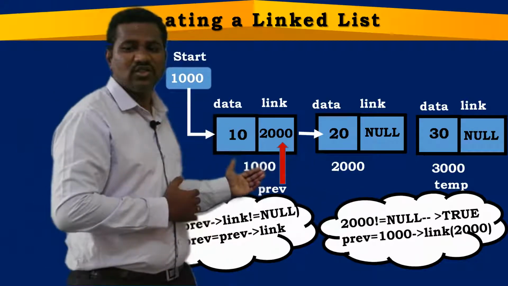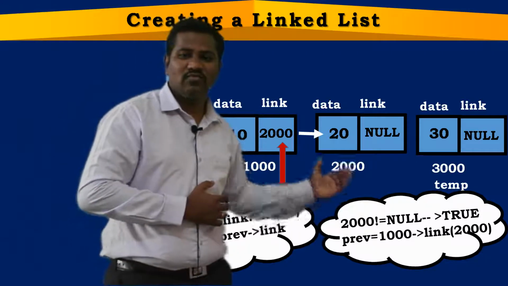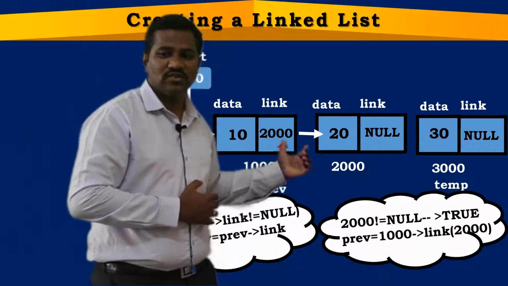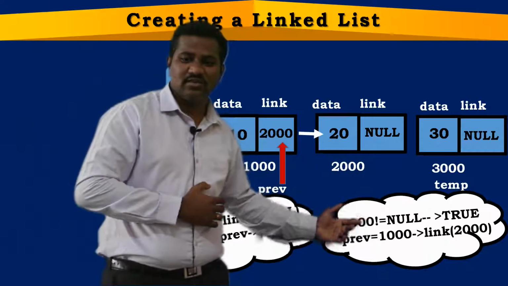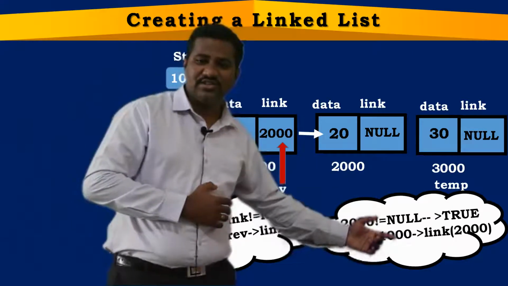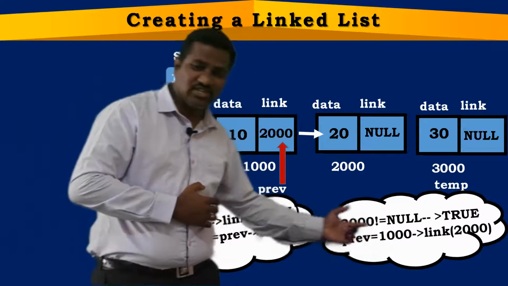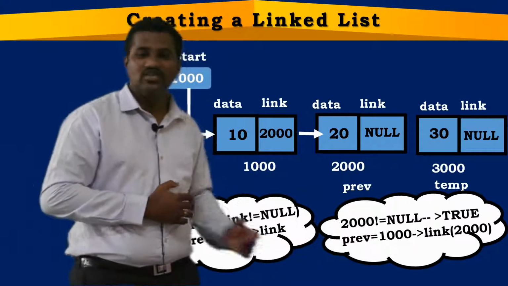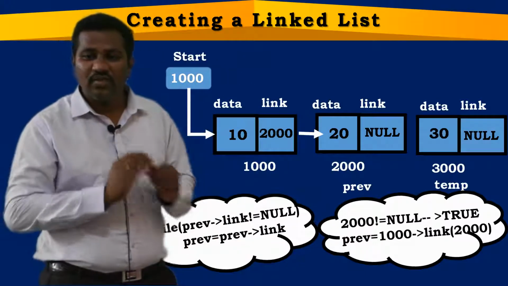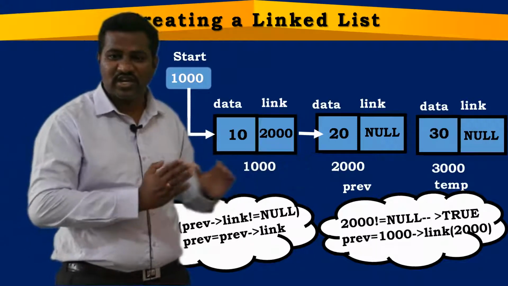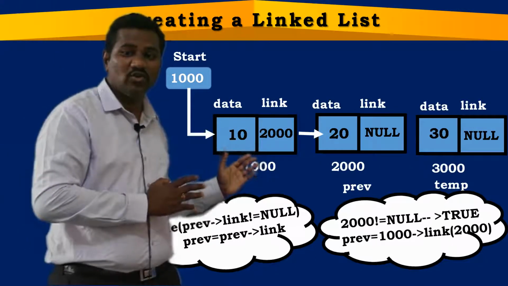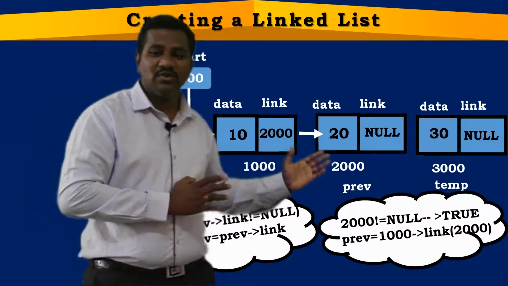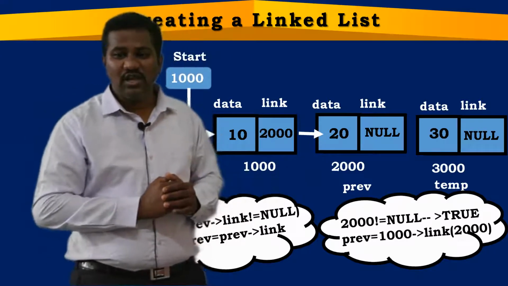Previous means 1000 here. 1000 arrow link, we have 2000. So this 2000 is stored in previous. Now previous comes to the 2000 memory location. Earlier, previous was pointing to 1000. Now previous has been moved to the 2000 memory location.